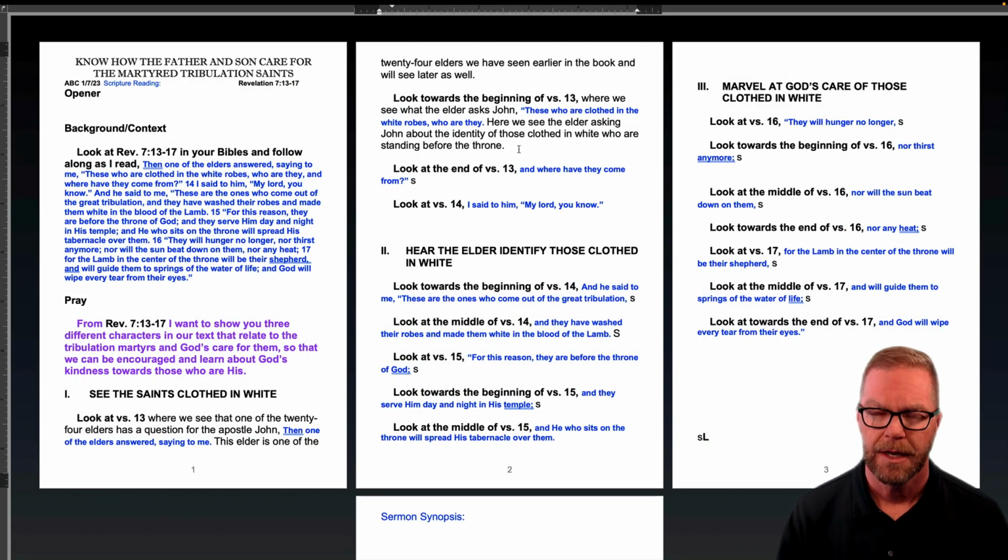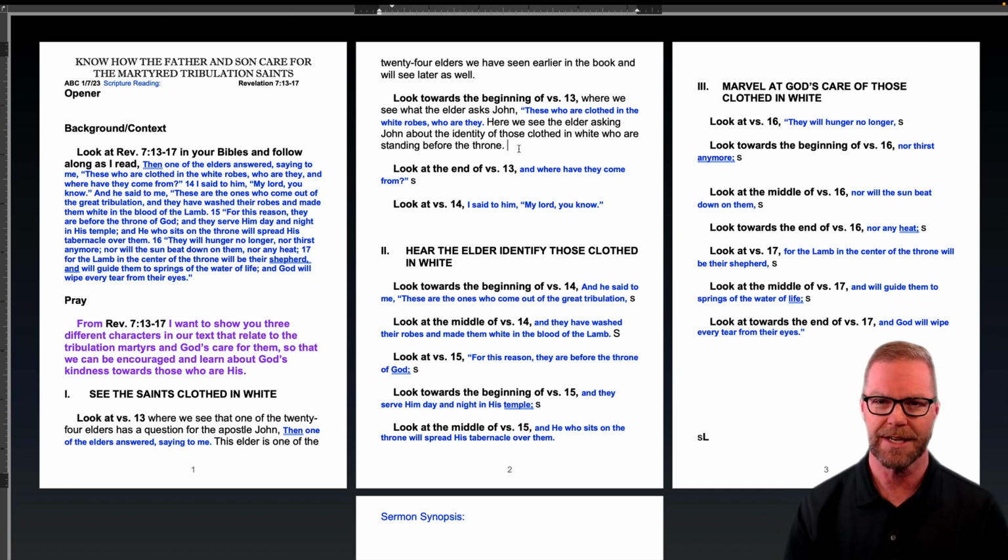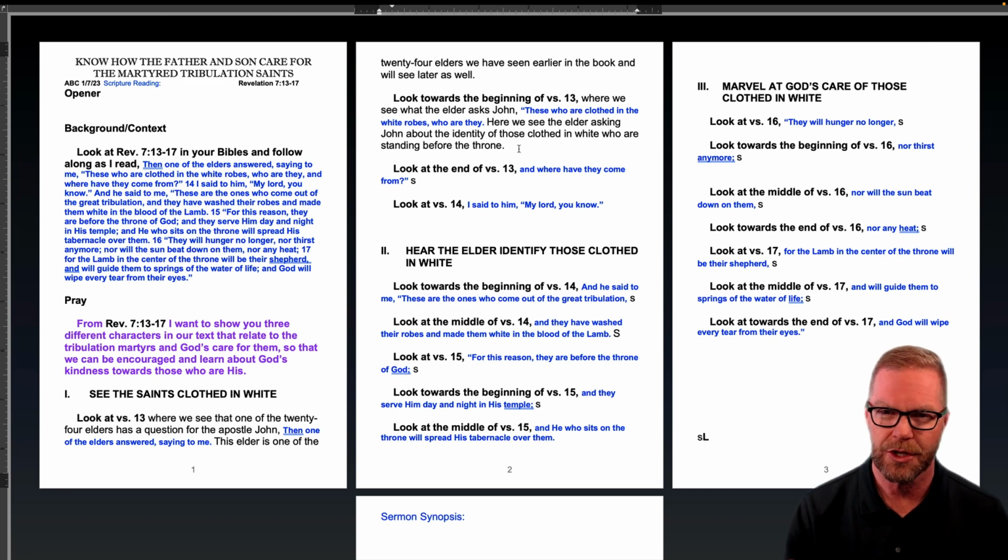So, I think I just need to state the obvious, which he goes down to tell us in verse 14. But what I'm going to do right now is not talk about the same thing here that I'm going to talk about in the next point. So I'm just going to say the elder asks about those clothed in white who are standing before the throne.